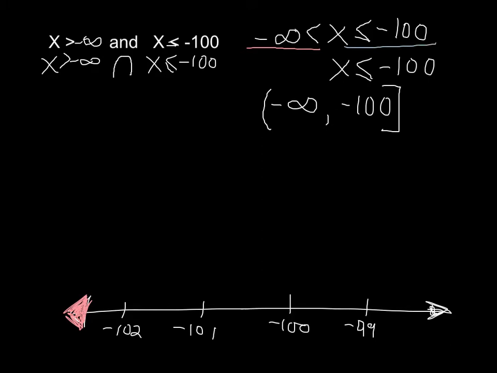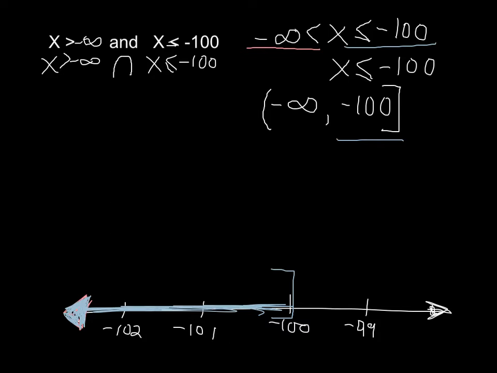So we just take the interval notation here, use the same kind of square bracket, and we know it goes to negative infinity. Remember, I always like to color in the arrow if we go to infinity because that makes it really clear. If we stopped, it might look like I'm only going to negative 102.5 or something like that. But if I color in the arrow, that makes it very clear that we're going to infinity.